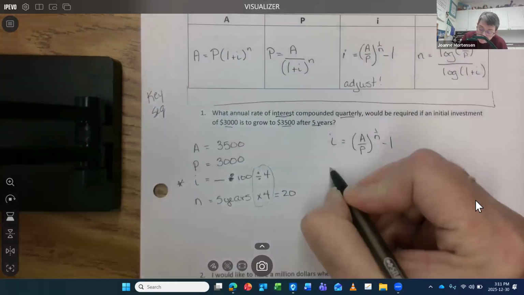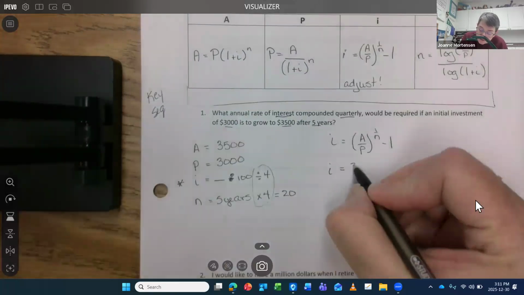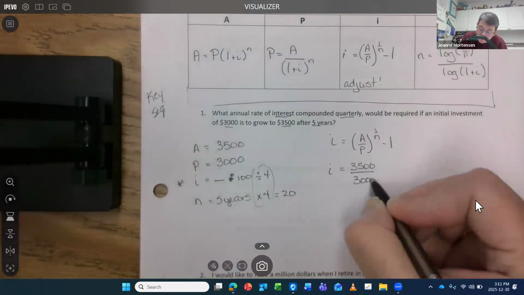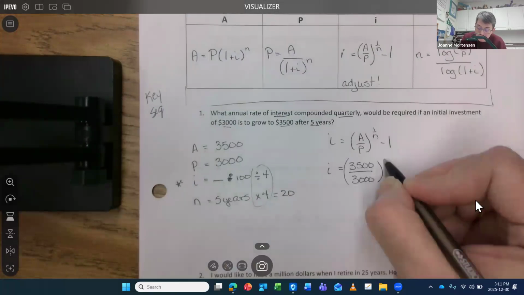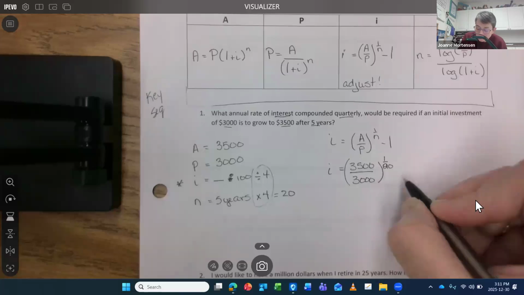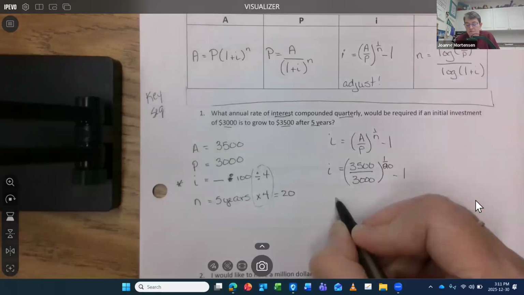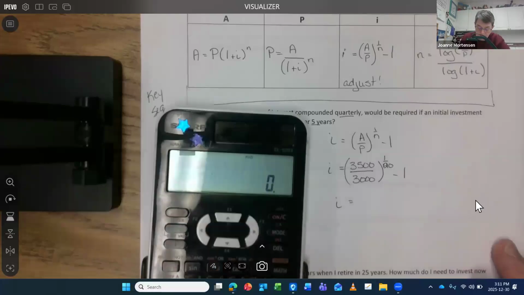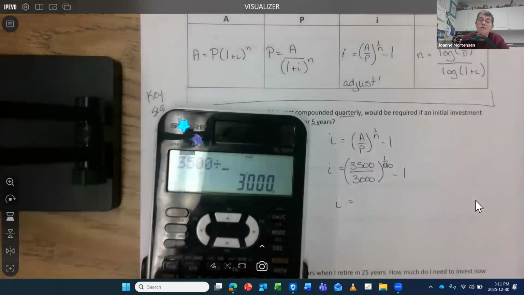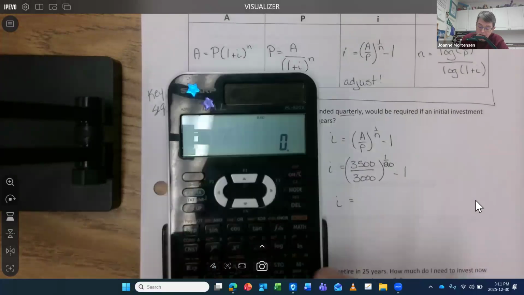So interest rate, formula first. 3,500 divided by 3,000, in brackets. I keep forgetting to put my brackets in there, but I can also just hit my equal sign.